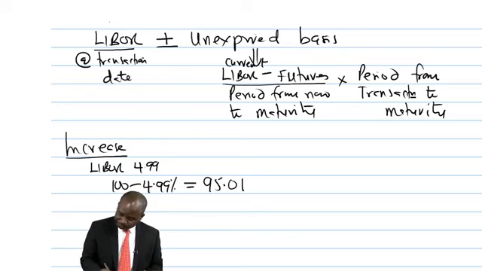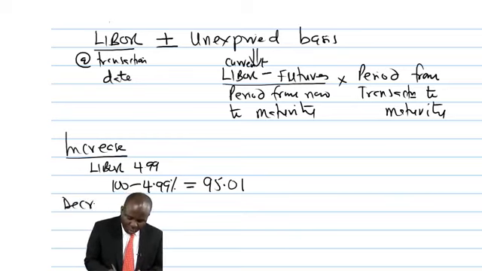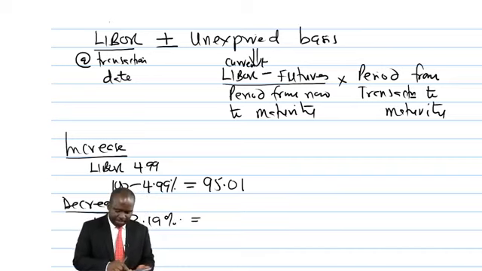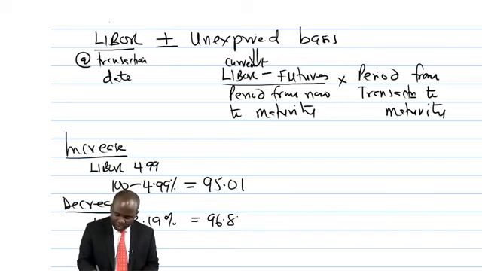And if it decreases, what will be the LIBOR? It is going to be 100 minus 3.19%, which is 96.81. I have got this.